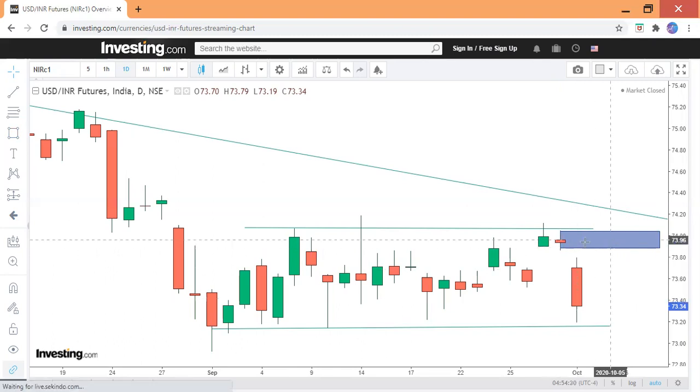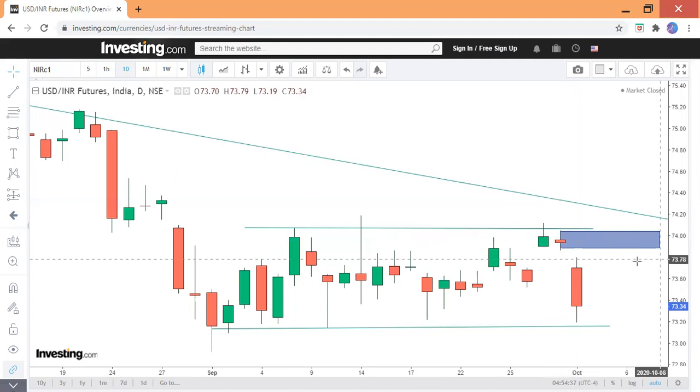To overcome this level, USD INR has to consolidate within this range and make a gap up opening, or make one bounce candle from this range. If any candle trades and overcomes this range, we will look for more data, but this is the immediate resistance level from the futures point of view.